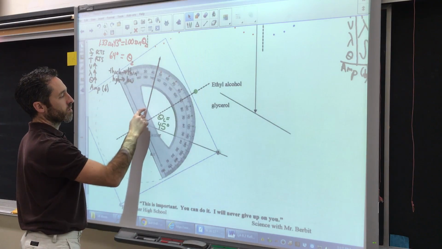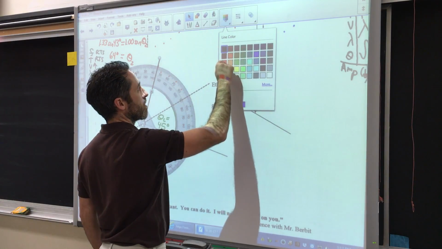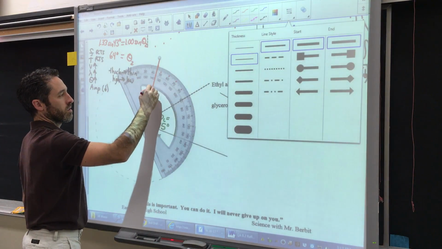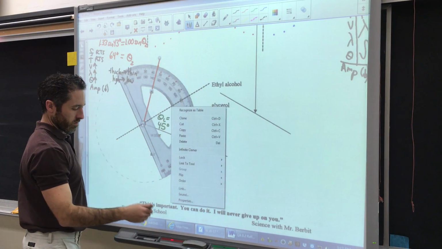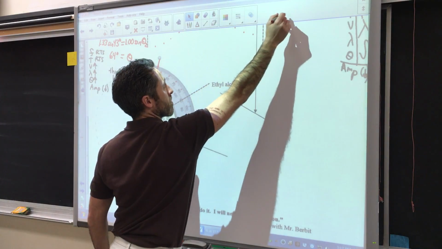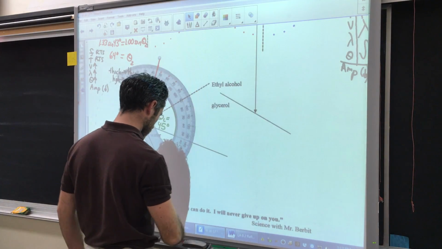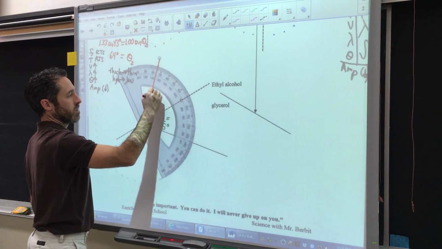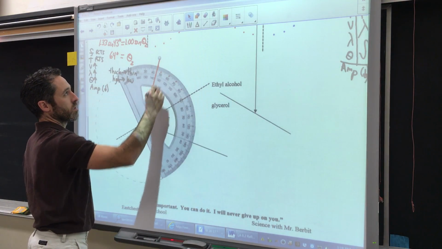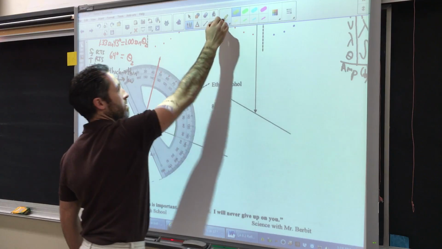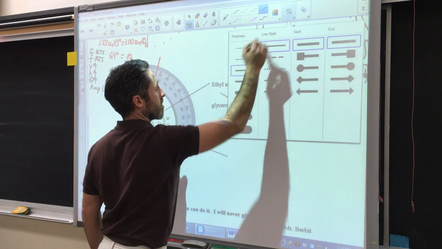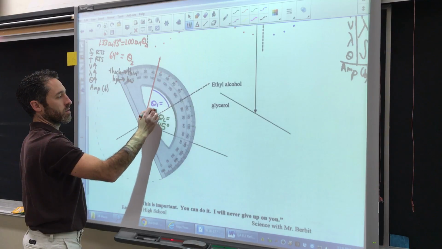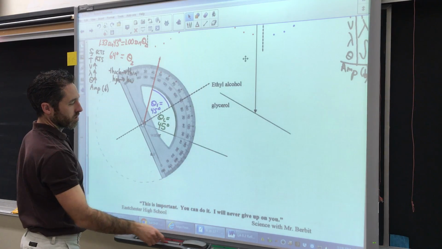So now you have your reflected ray. Oop. This is blue. Doesn't want me to do it. Angle of reflection, 45 degrees.